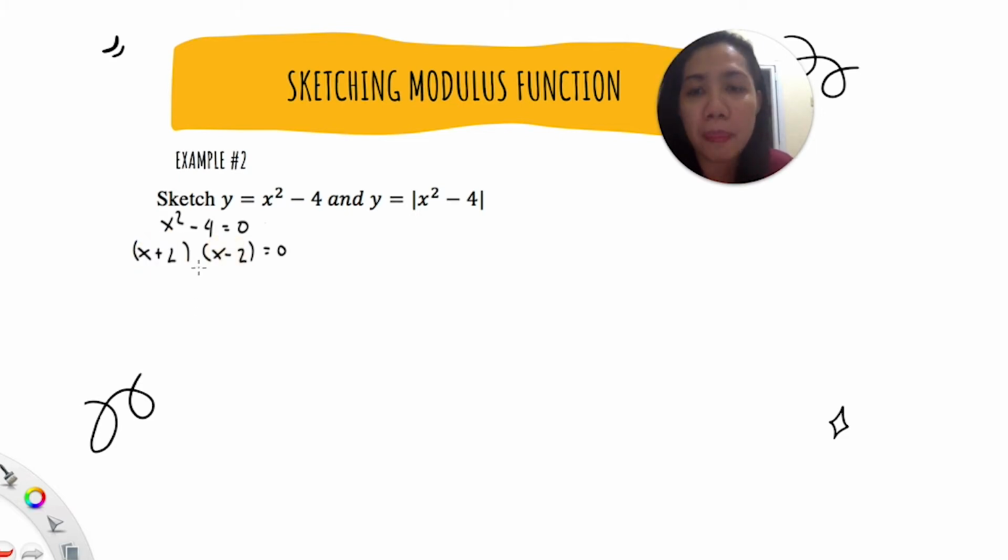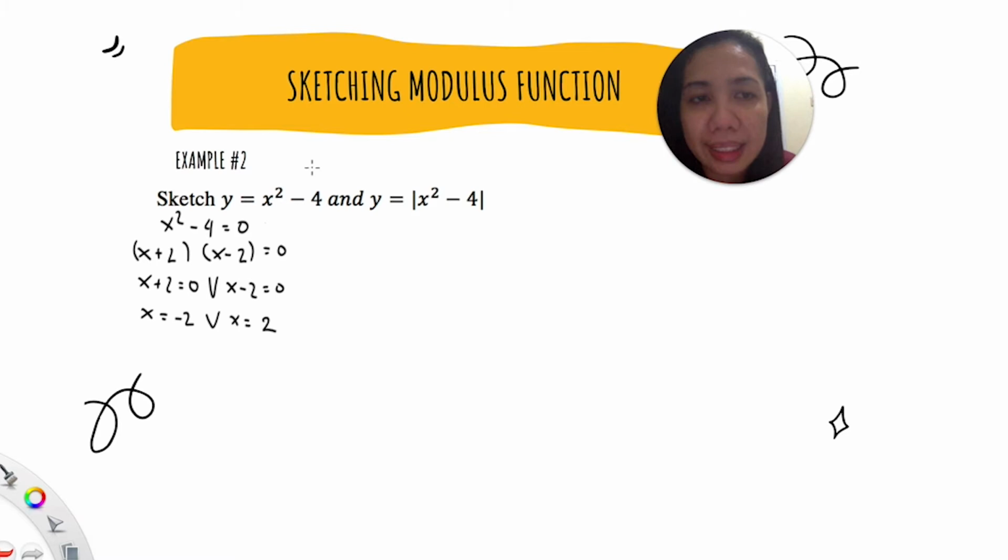If we multiply this, we get x squared minus 4. So we have x plus 2 equals 0 or x minus 2 equals 0, then x equals minus 2 or x equals 2. These are actually the factors of this parabola.